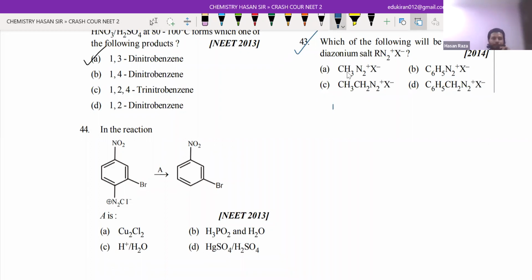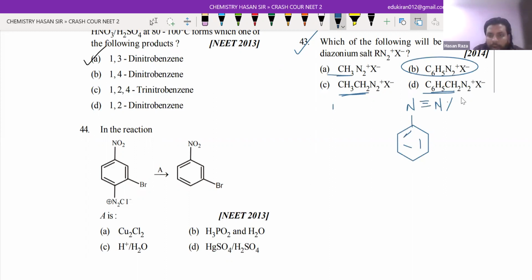Very good. See, this will not be stable. This will also not be stable. This will also not be stable. But this will be the most stable because the benzene to which the N≡N X- is connected will be in resonance with it.